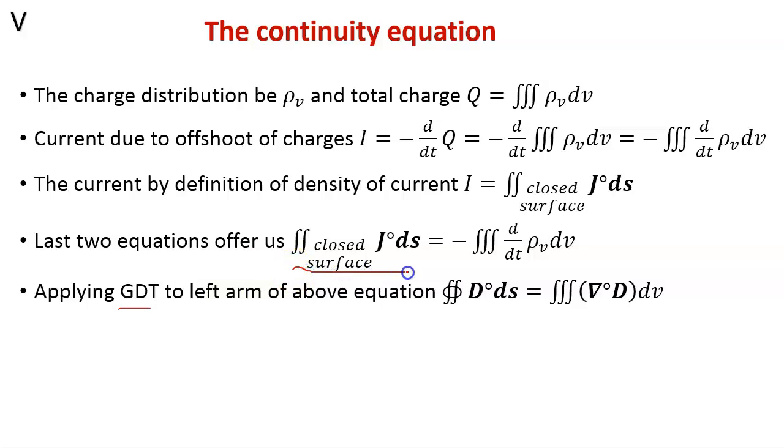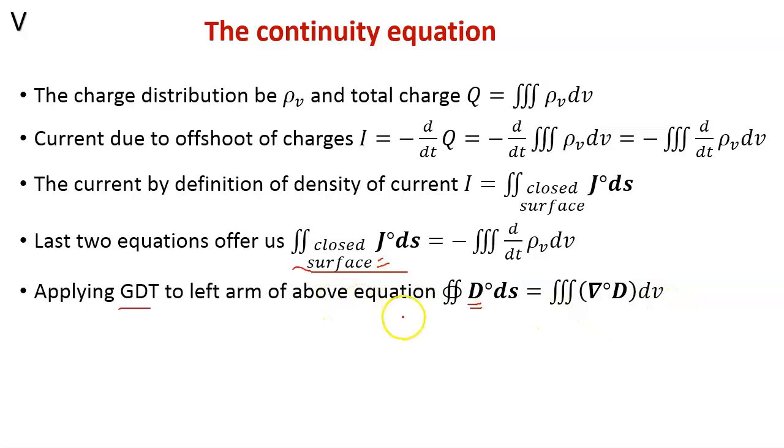left hand side. According to the Gauss divergence theorem, double integration over closed surface of any vector field, I am writing d bar, and then I have to use it for j bar, d bar dot ds bar is equal to triple integral divergence of d dv.